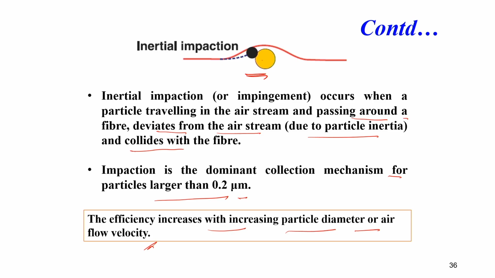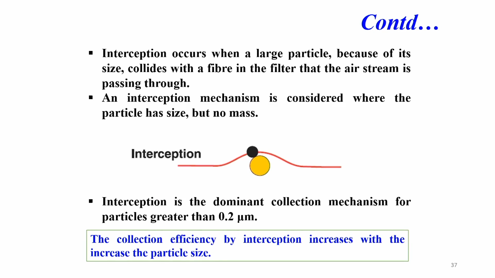Basically, there is a certain velocity and the particle gets stuck due to the presence of a hurdle, the fiber here. Once it is stuck, there is no sufficient velocity for it to flow through.